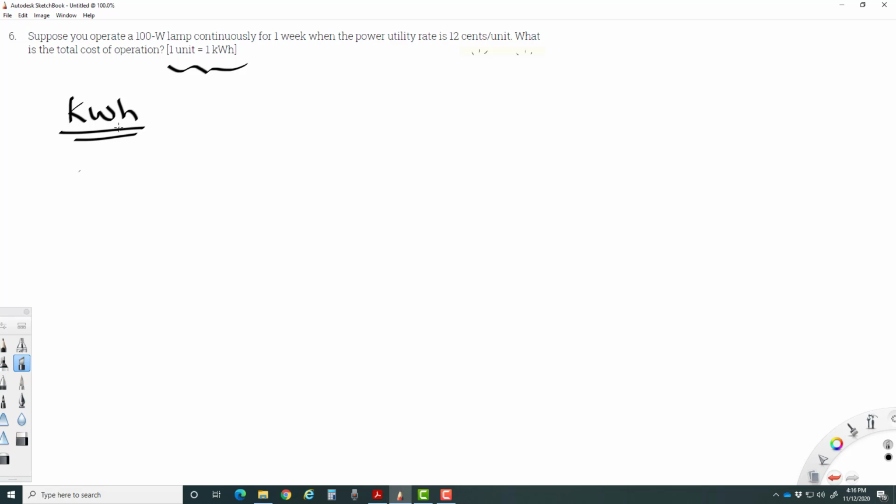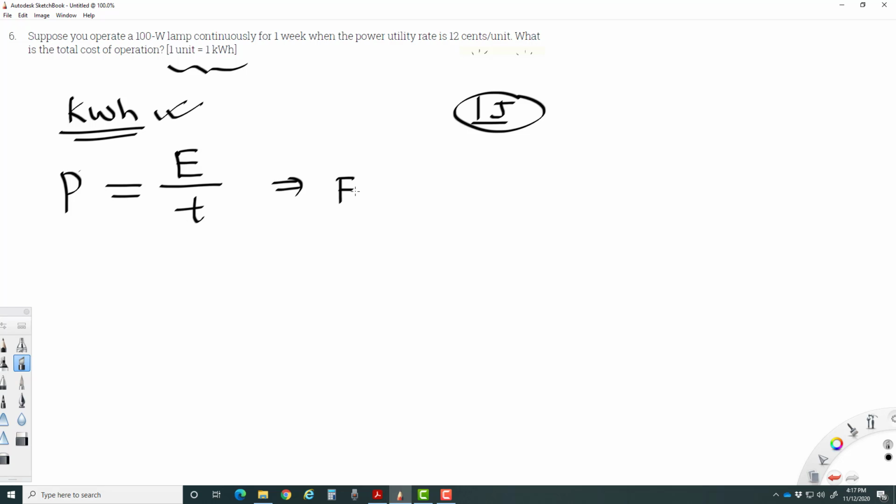So we need to express the unit of energy in kilowatt hours. We know power is energy over time, energy per unit time. We want to get how much energy we are using. So energy is power times time.